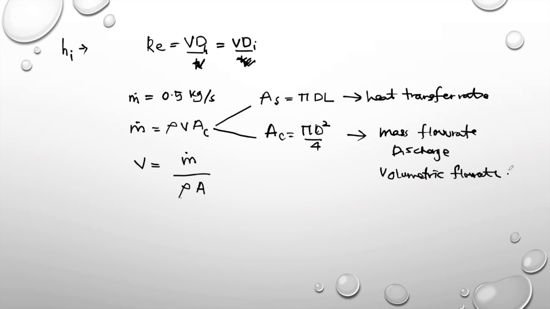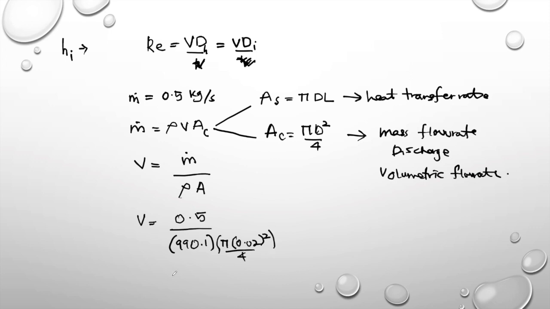Okay, so now we have to find the velocity. V here is the velocity. So V equals 0.5 divided by the density, 990.1, times pi D squared over 4, with D equal to 0.02.